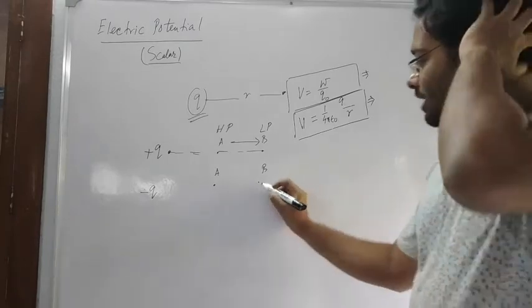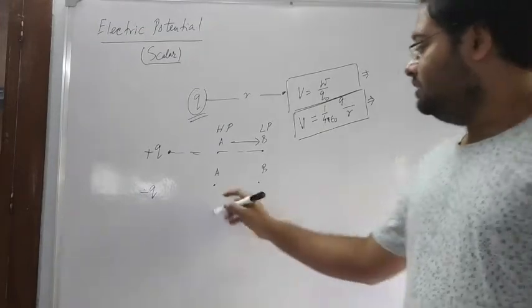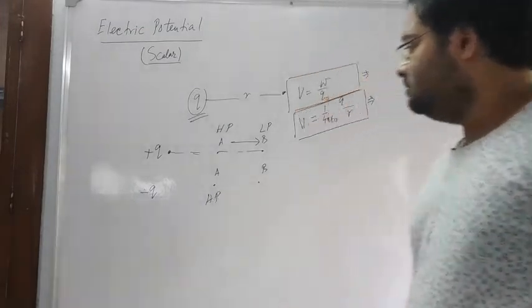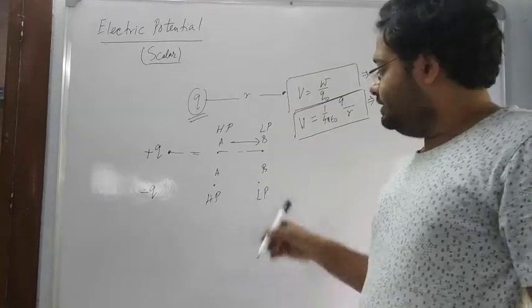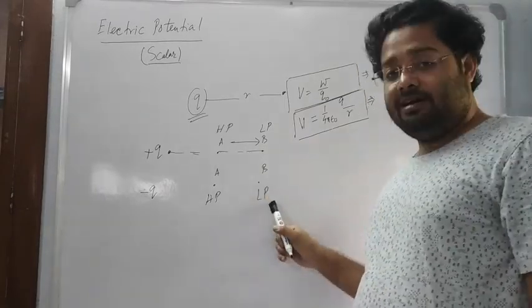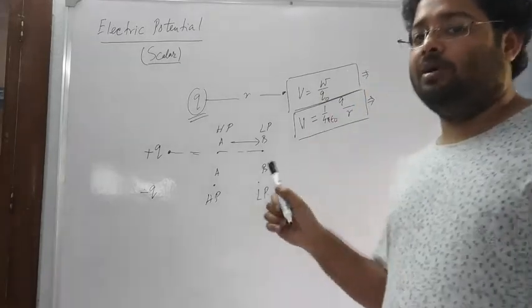Say this is maybe -10 volt, this is maybe -8 volt, then which one is bigger? This one is higher and this one is lower. By magnitude this is higher, but this is higher magnitude with a negative sign, which is basically a lower quantity.